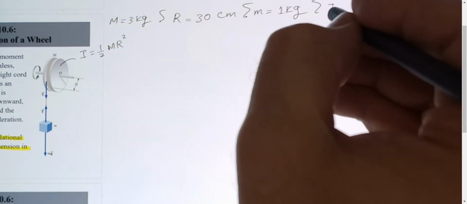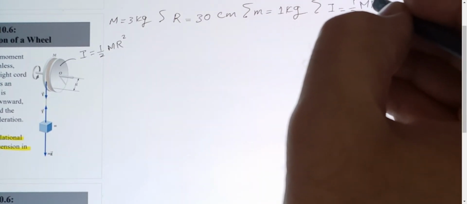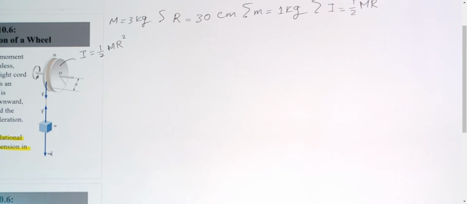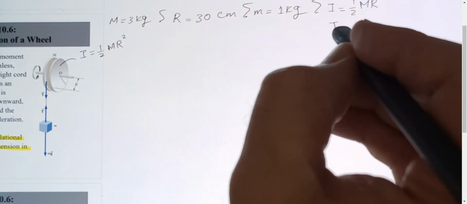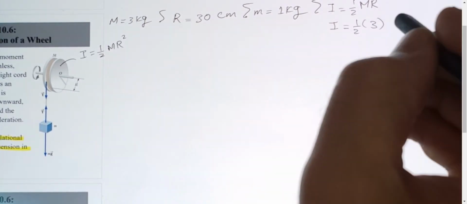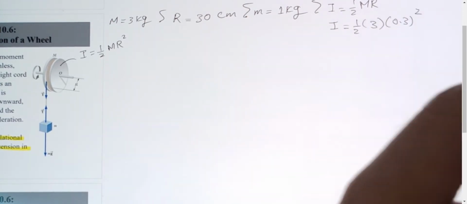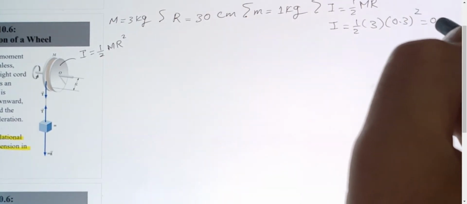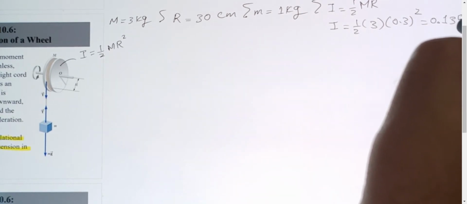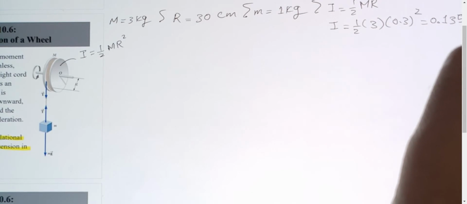So I is equal half capital M r square. يعني right away I is equal half multiplied by 3 multiplied by 30 centimeter square, which is equal 0.135 kilogram meter square.